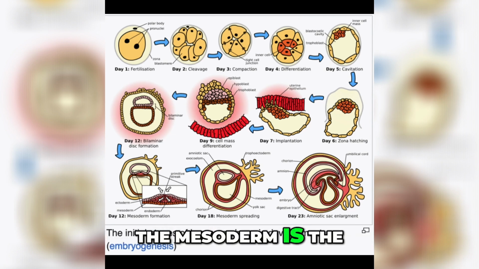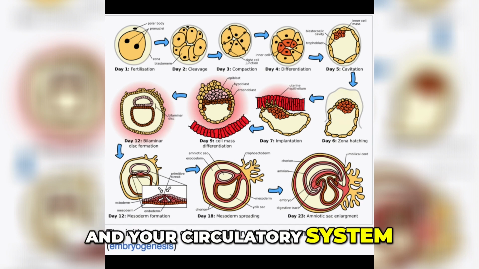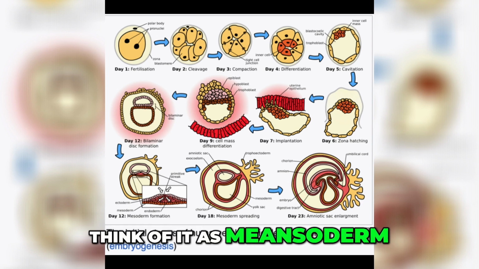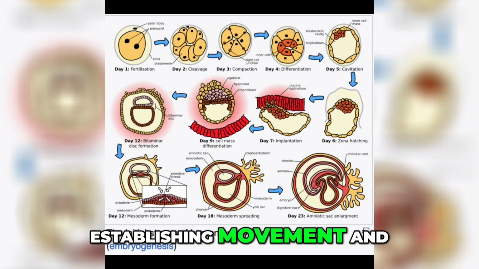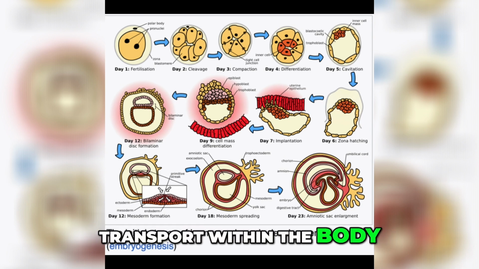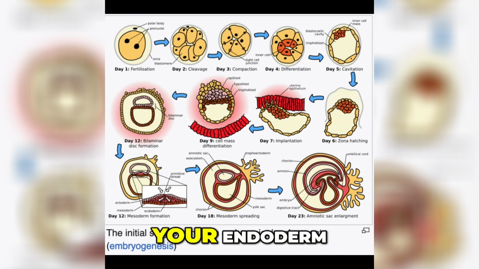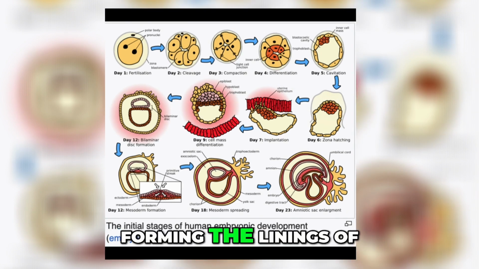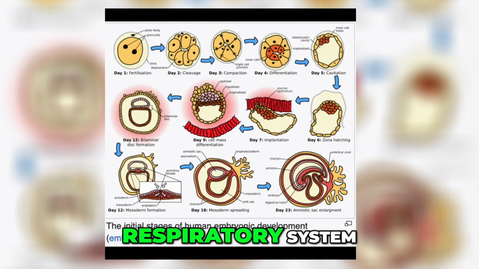The mesoderm is the middle layer, creating muscles, bones, and your circulatory system. Think of it as mesoderm, establishing movement and transport within the body. But finally, your endoderm, the innermost layer, forming the linings of your internal organs, like the digestive and respiratory system.